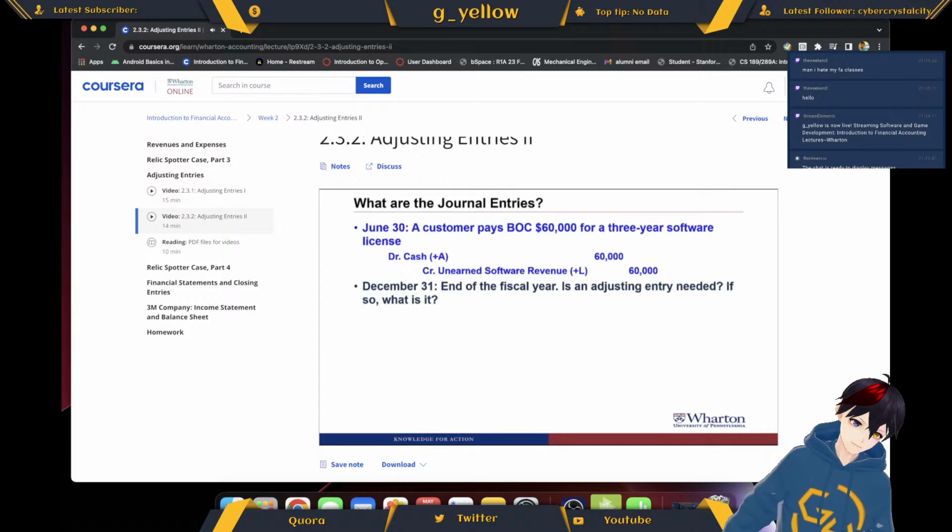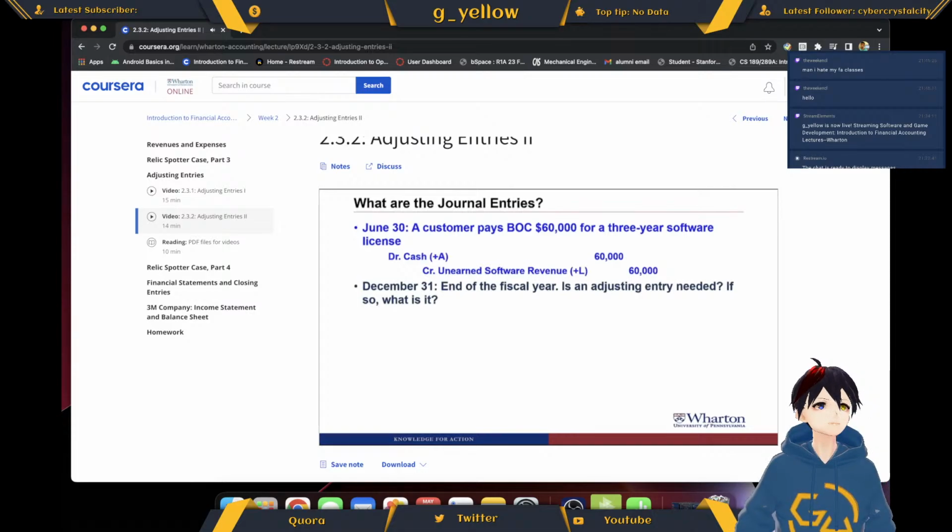It's now December 31st. It's the end of the fiscal year. Is an adjusting entry needed? And if so, what is it? We've used up some of the software license time, so we do need an adjusting entry because 6 months of that 3 years has gone by. And as time goes by, we get to recognize revenue for the amount of time that's passed.